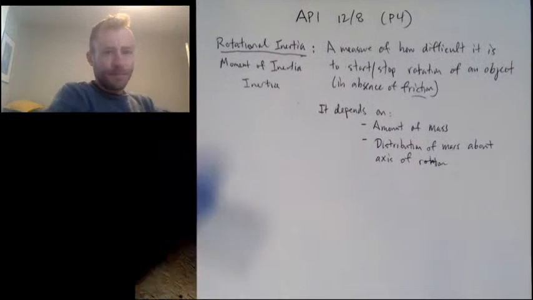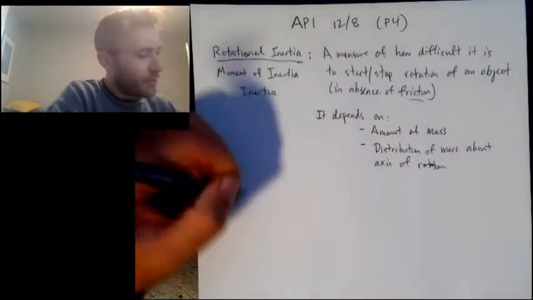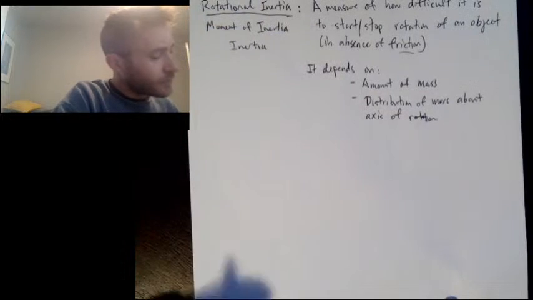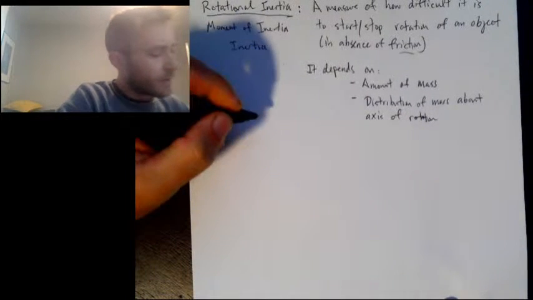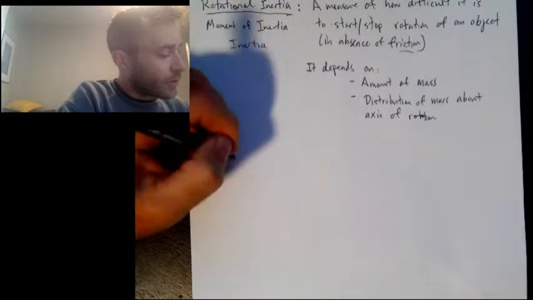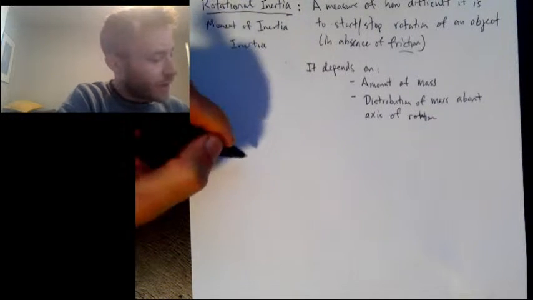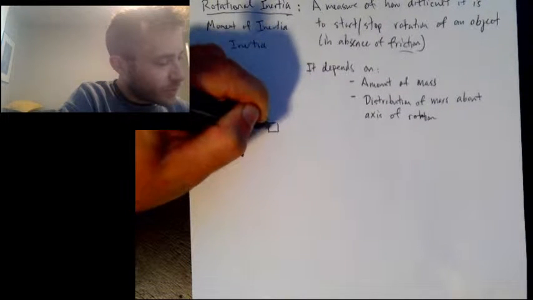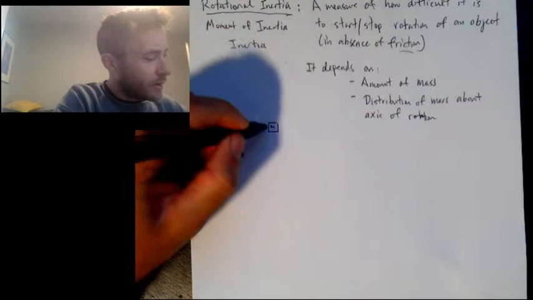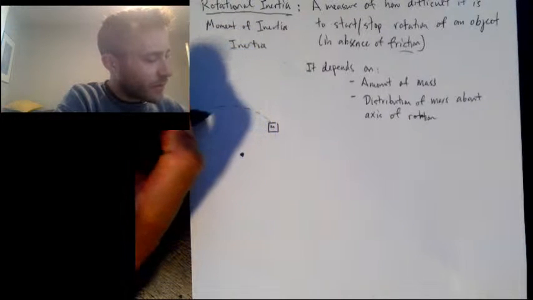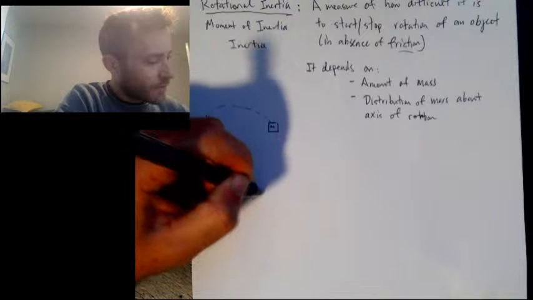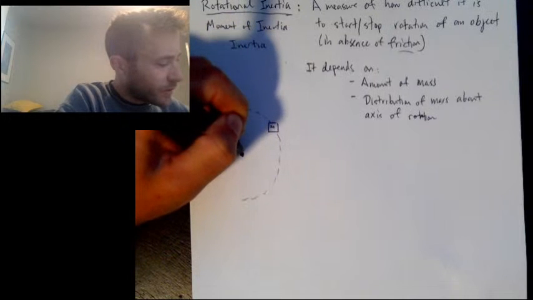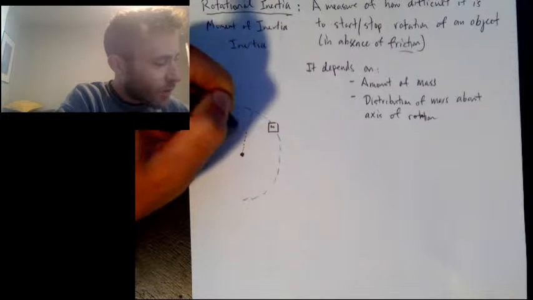So let's suppose, I'll give you a mathematical equation for rotational inertia. Suppose here's the axis of rotation, and we have a mass of size m, and it's rotating about the axis of rotation, so it's going in a circle. Okay, and the size of that circle has a radius r.